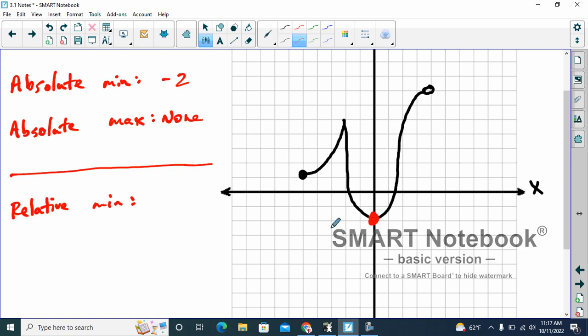This is the lowest point in its general area. We have a relative minimum at -2. We also have a relative minimum right here at 1. And we have one relative maximum. It is at this point right here, 5.